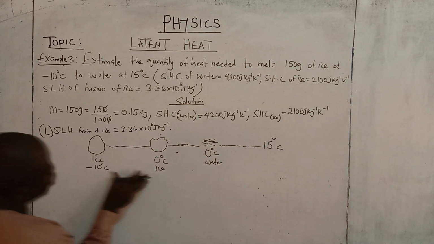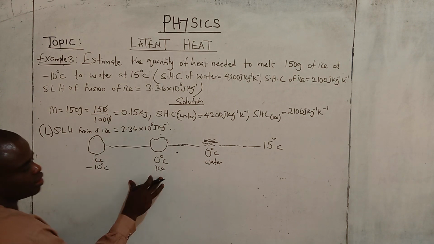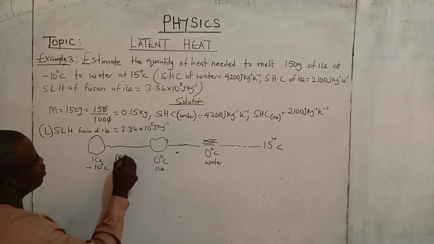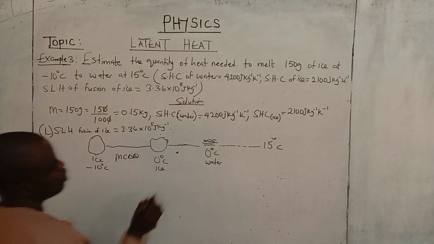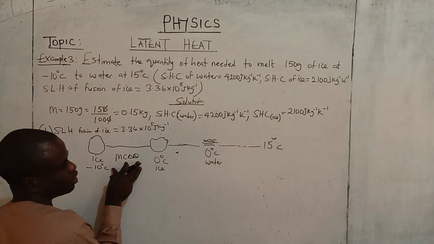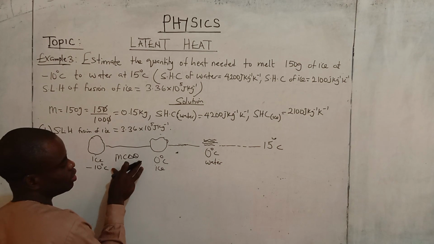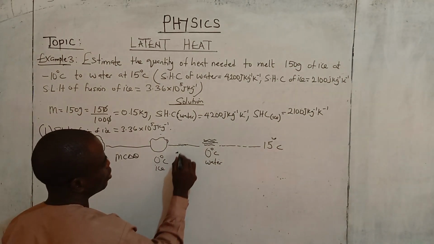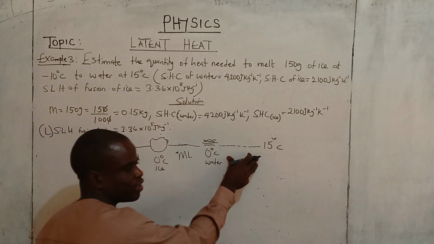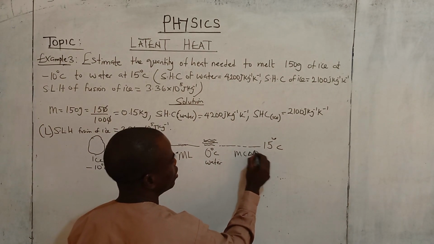Now in this case, because there are changes in temperature, even though it's still ice, it makes your mc change in theta. At the point where the temperature stays constant, specific latent heat takes place, that's the use of ml. Where the temperature changes, specific heat capacity takes place, mc changing theta.